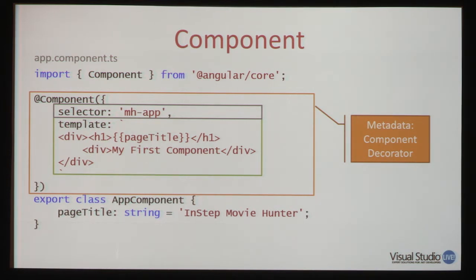So it's binding to the page title property of the class. And again, as .NET developers, most of us are very familiar with data binding, either through XAML or through web forms or Windows forms or Silverlight. So we're used to data binding, and that's what's happening here. It's a binding to that page title.